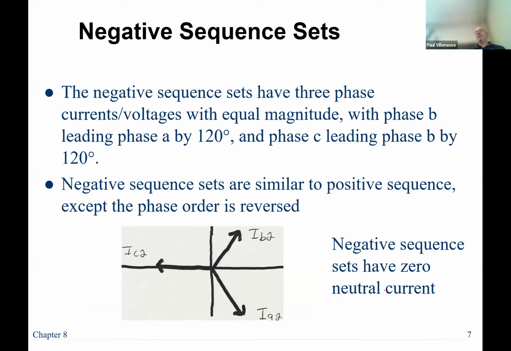Negative sequence is exact opposite. Because I'm looking over here and I see A first, because A is my reference, then I see C, and then I see B. This is negative sequence. Why do you think we call it negative sequence and positive sequence? Any ideas?